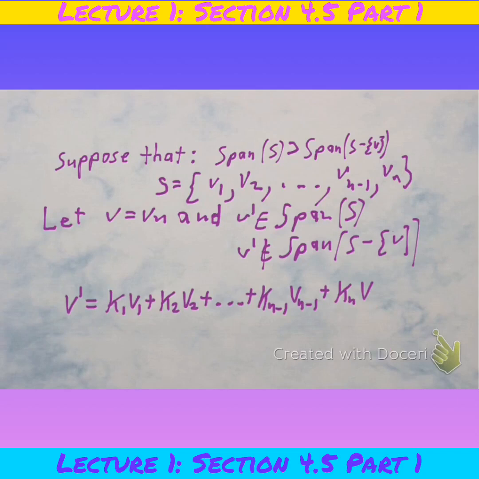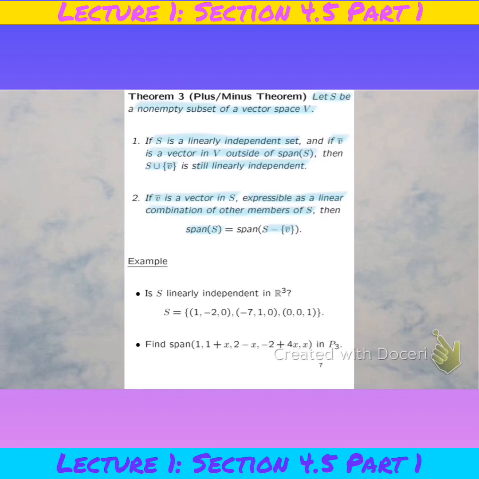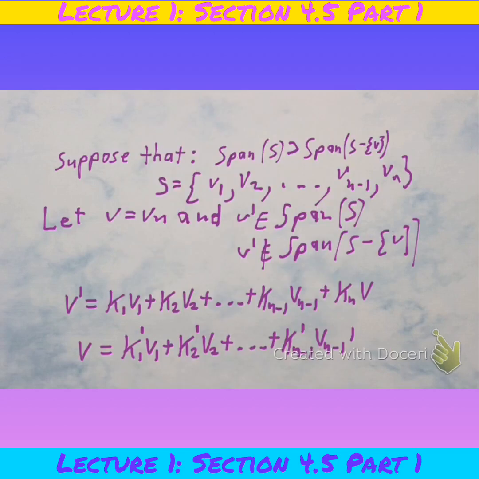We said V is expressible as a linear combination of all the other vectors in S. So we can express V as a linear combination of all the other vectors in S.